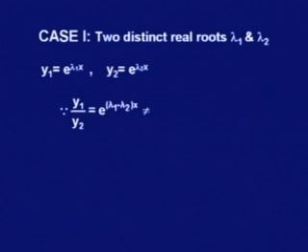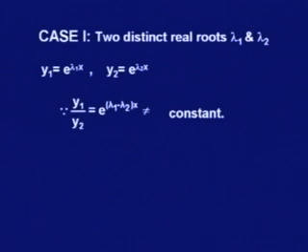Since y 1 upon y 2 is e to the power lambda 1 minus lambda 2 x, and we do know that lambda 1 and lambda 2 are distinct, not equal, lambda 1 minus lambda 2 will not be 0, that is this will not be a constant. So, they are linearly independent, that is these 2 solutions form the basis or the fundamental system.